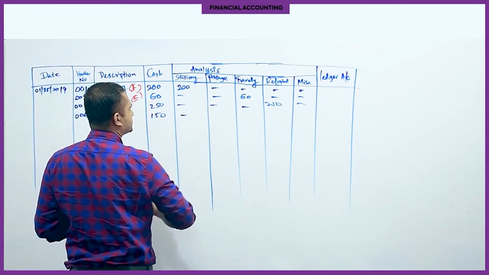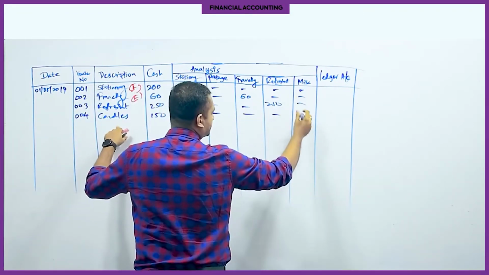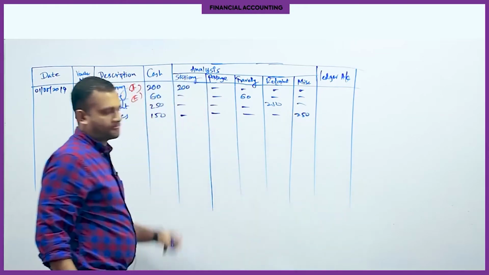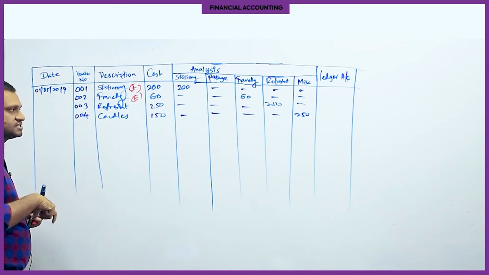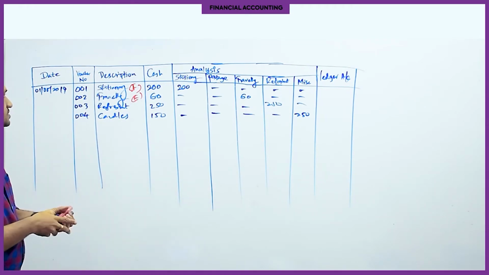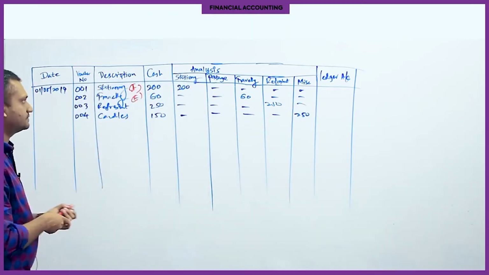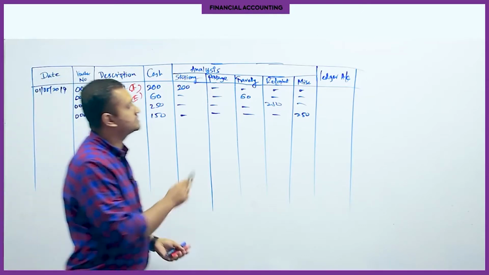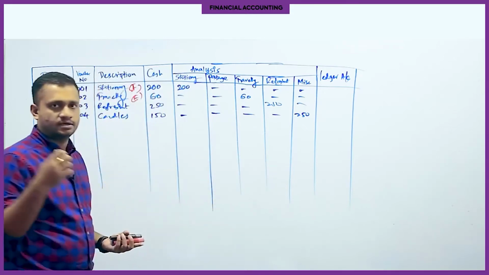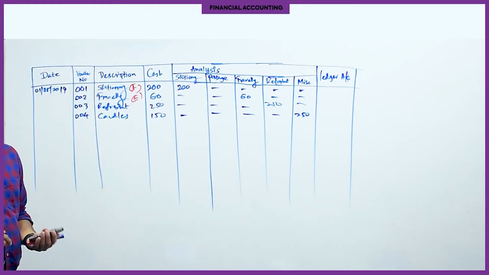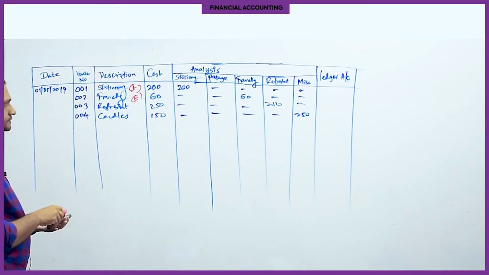We do not know whether it is stationery, postage, travelling or refreshment, or why they bought candles, so it will come under miscellaneous. It is also not directly related to the business. The items that appear under ledger accounts will be directly related to the main business, like paying a creditor or carriage inwards. Those come under separate ledger accounts.